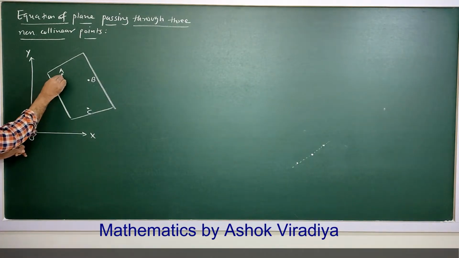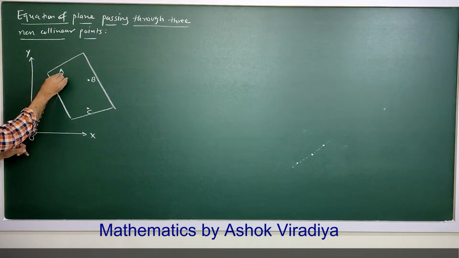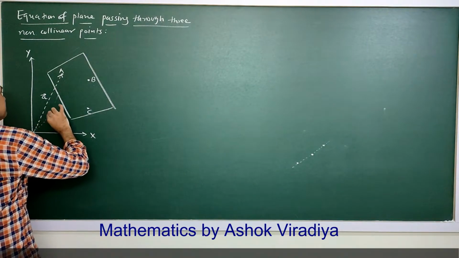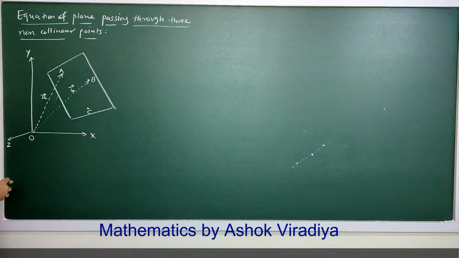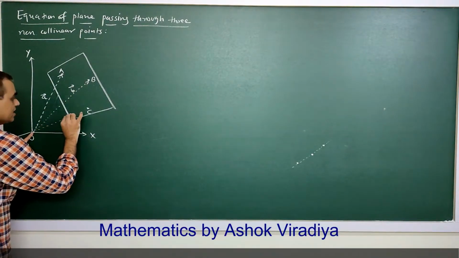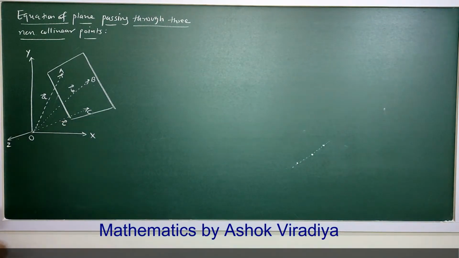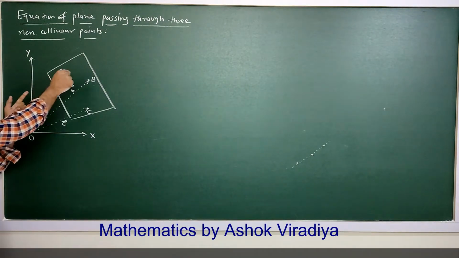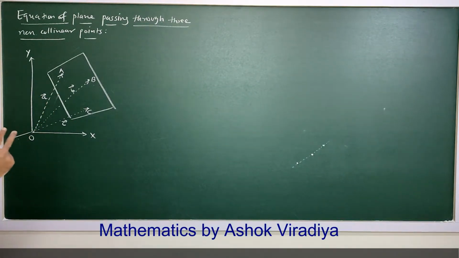Then suppose the position vector of point A is vector A, the position vector of point B is vector B, and the position vector of point C is vector C. 3 non-collinear points are given, whose position vectors are given. These points determine a unique plane, so we can put the equation of this plane.